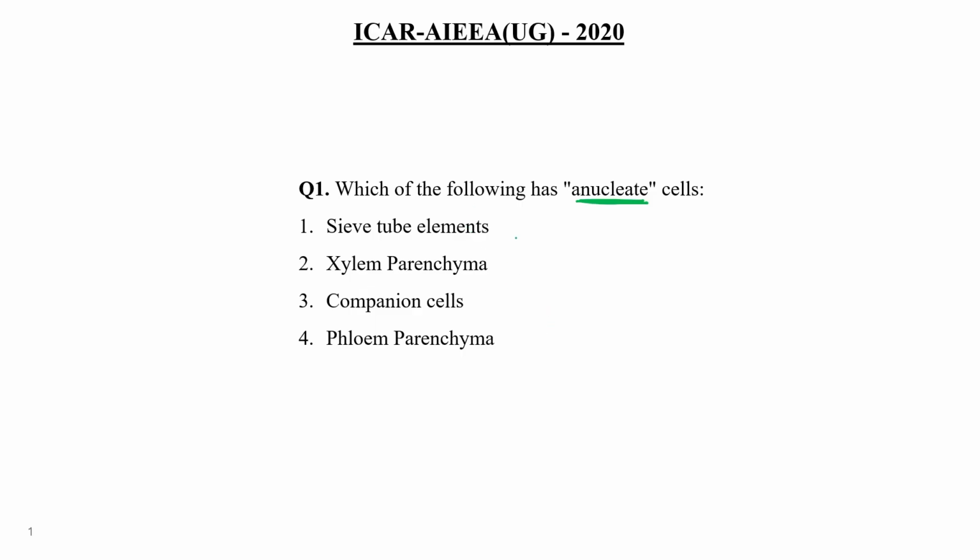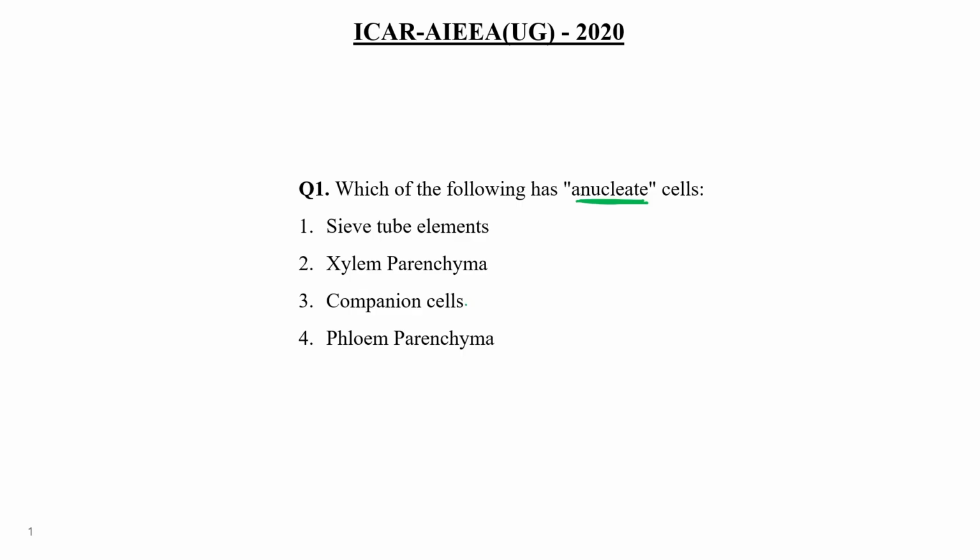So, as you know, in phloem, sieve tube elements are mainly responsible for the transportation of food, right? This sieve tube element does not have a nucleus. What is the other kind of cell which supports its metabolic activity? That is the companion cell.